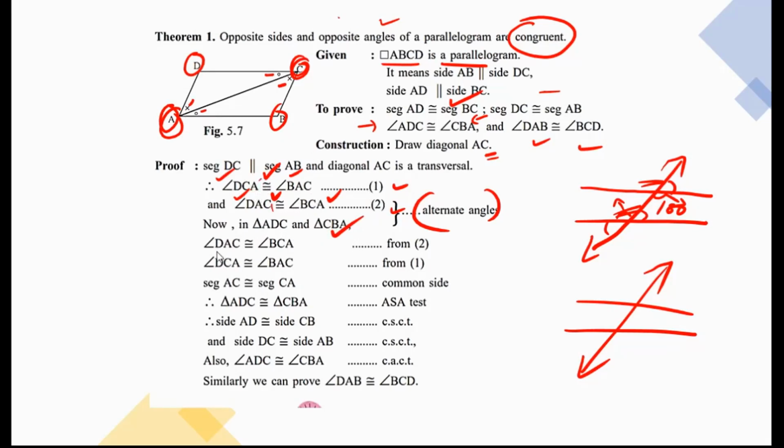We can copy it here. In that case, from 2 and 1 we can conclude that DAC is congruent to BCA, angle DCA is congruent to BAC because they are alternate angles, and the diagonal which we have drawn just now is common for the triangles. So by the ASA test we can say that these two triangles are congruent.